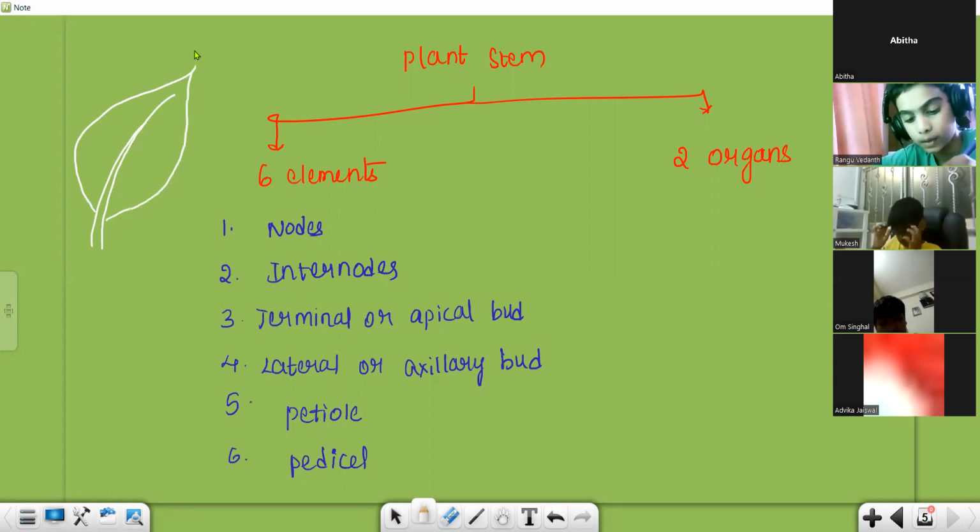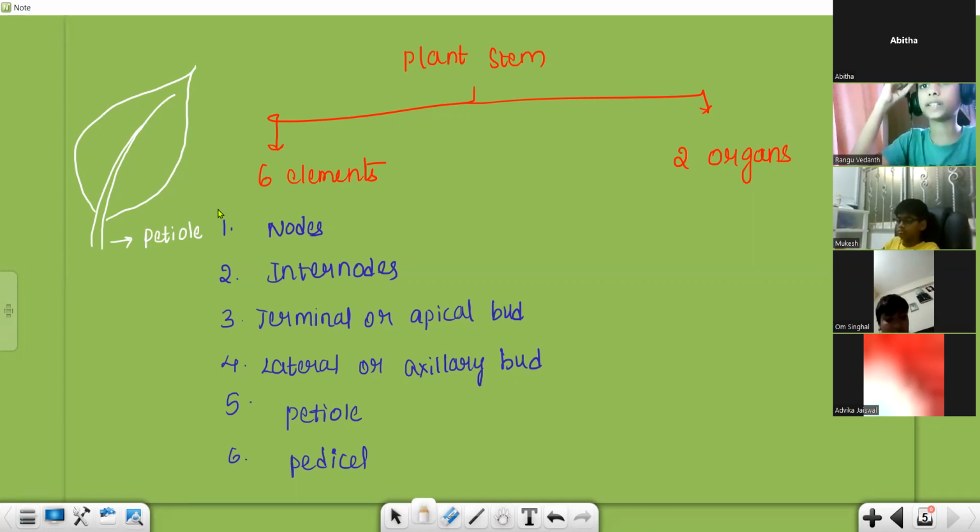What is this called? The stalk of the leaf, which is called petiole. Yeah, the stalk of the leaf is called petiole.